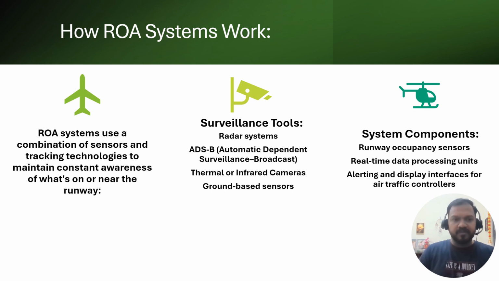How does the ROA system work? This system uses a combination of sensors and tracking technologies, especially surveillance tools on the runway. We use the radar system, automatic dependent surveillance broadcast, cameras, infrared or thermal cameras, which can be used for low visibility areas as well, and ground based sensors.